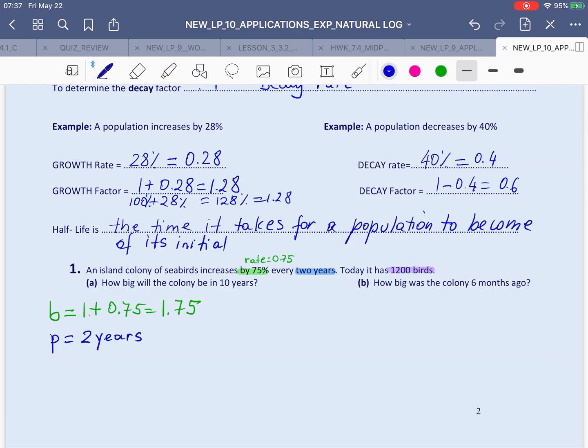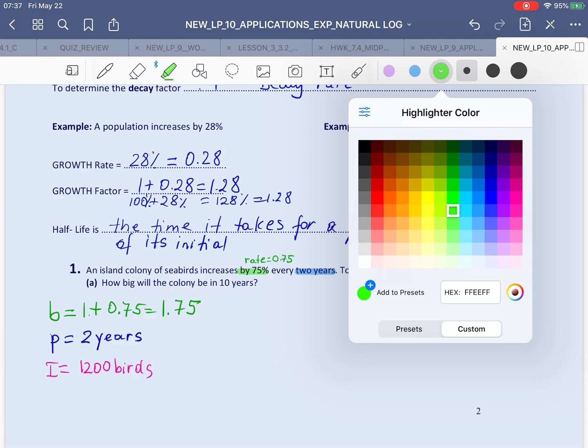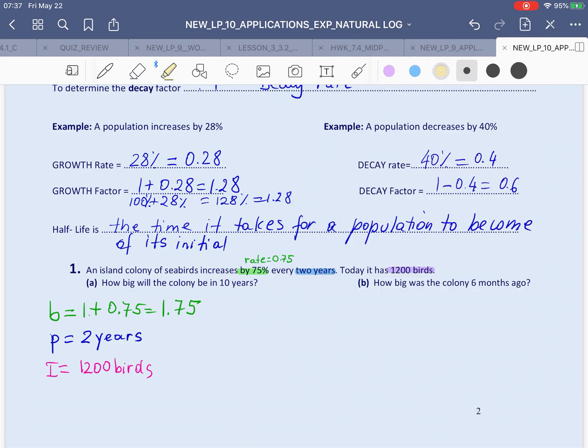Now, today the population is 1,200 birds, so this is very straightforward. So that must be the initial population. And we want to find out how big the colony will be in 10 years. So 10 years is the longer span.